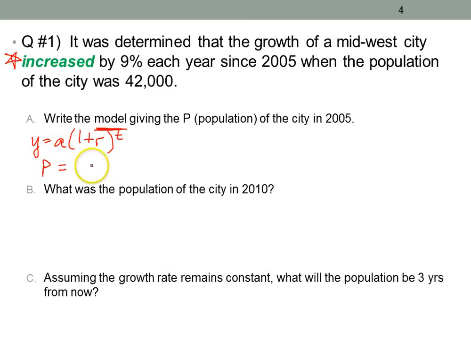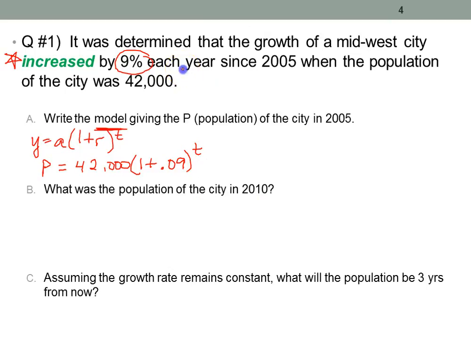Remember, A was our starting amount. So 42,000, (1 plus our rate is 9%, but we're going to write that as a decimal, so 0.09) to a power of t. This is an equation, so you need two variables. We have our p and we have our t.